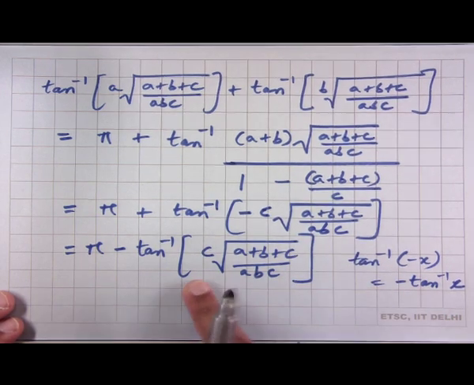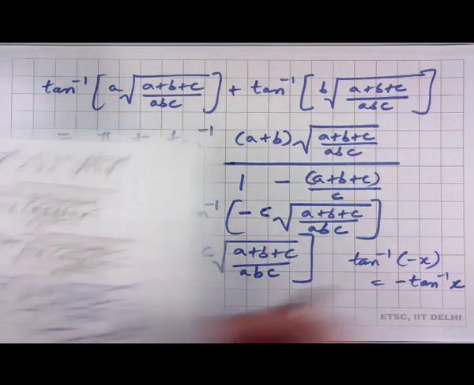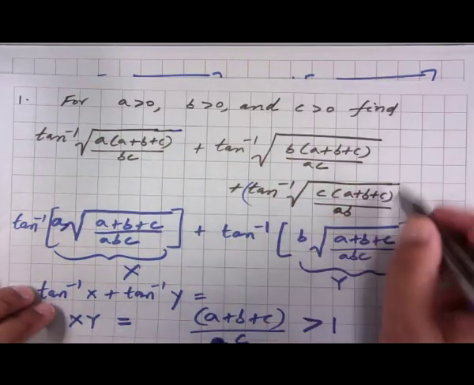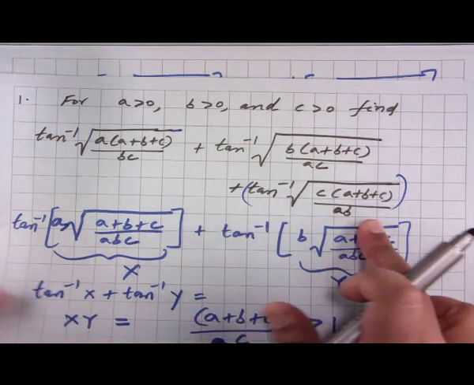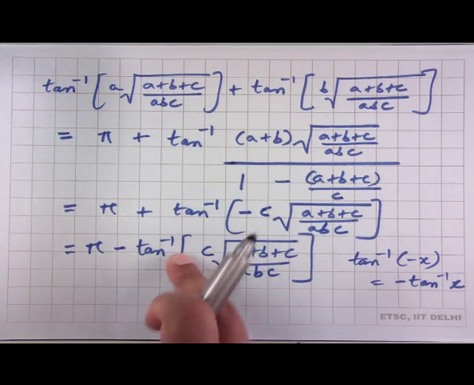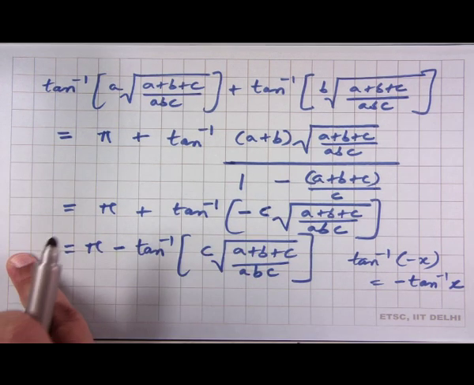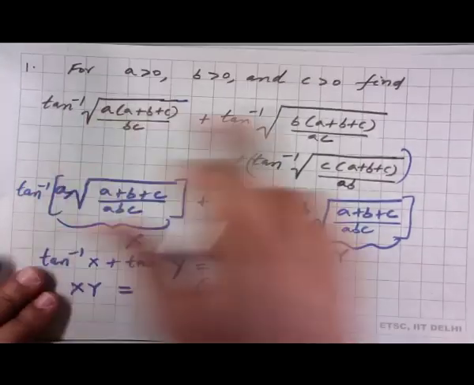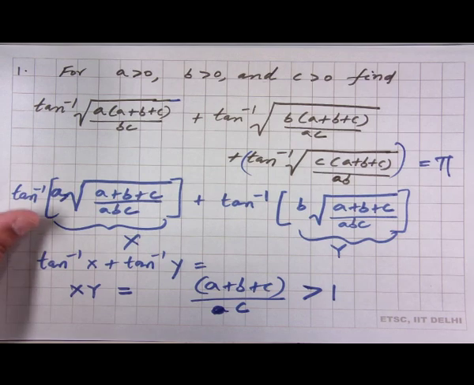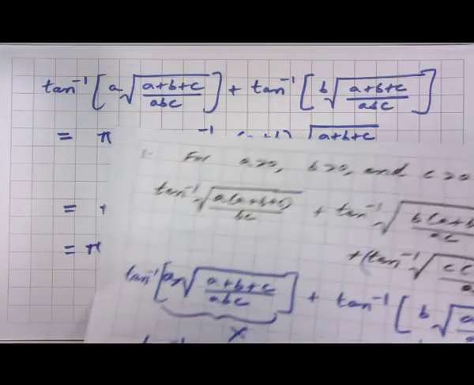And therefore if we take this sum on this side, we exactly get these three terms, because this last term is precisely equal to this term, and therefore when we take this term from the right hand side to the left hand side, what we will end up getting is that this entire sum will be equal to pi. So that finishes the first problem.